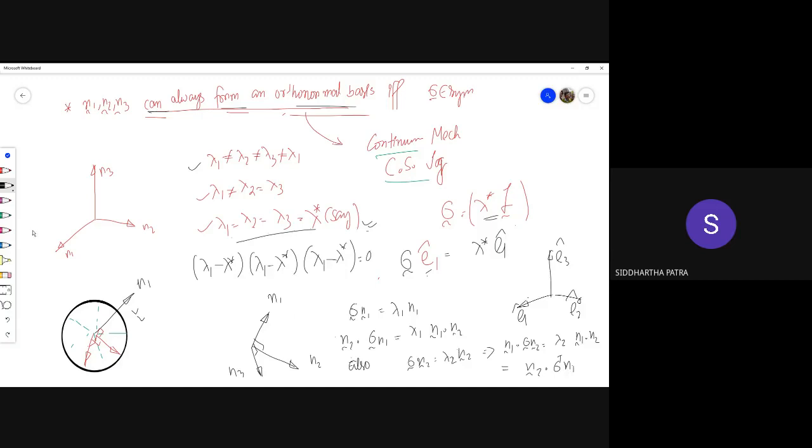But then again, stress is a symmetric tensor, so I can drop the transpose, which basically means this quantity is the same as this quantity, and also this quantity is the same as this quantity. Now, since lambda 1 and lambda 2 are not the same, the only way these two quantities are the same is if this equals 0, which means if I take arbitrarily any two eigenvectors, they are going to be orthogonal. Is this part clear?